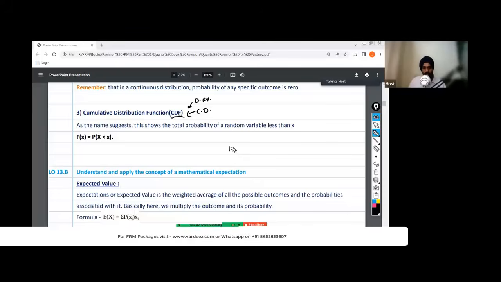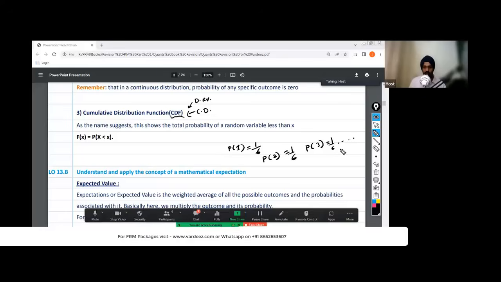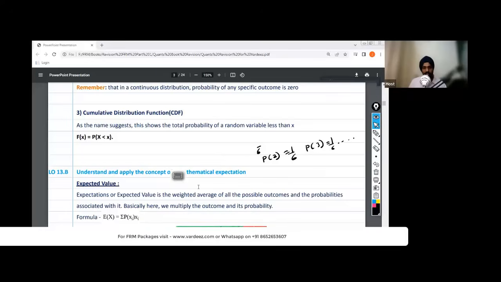Let's say the probability when you roll a die is 1/6, and the probability for 2 is also 1/6. The probability for 3 is also 1/6, and so on. Is CDF for both discrete and continuous? That's correct. CDF is for both continuous and discrete random variables.